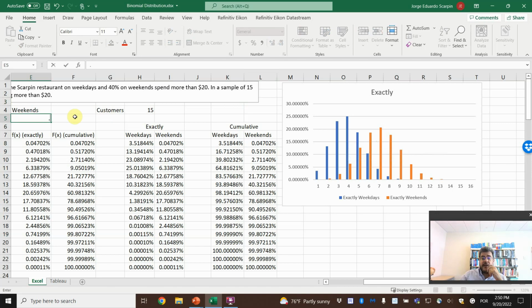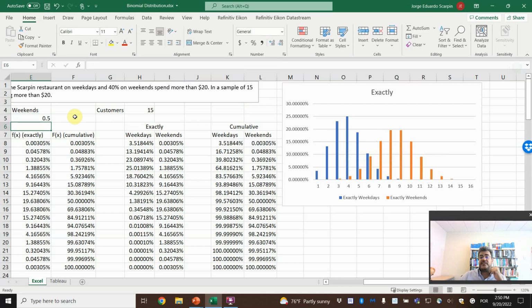because when our probability is exactly 0.5, then it is perfectly symmetric, or normal, or neutral. You can name it in a lot of ways.